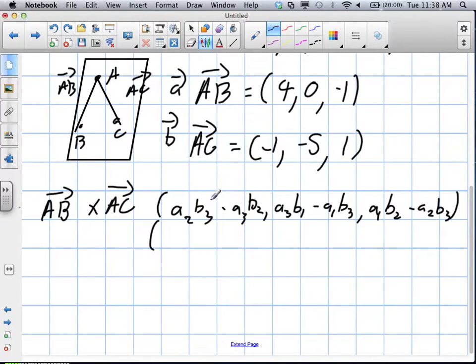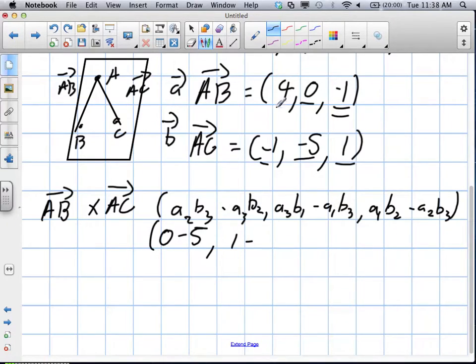That gives us 0 times 1, which will give you nothing. And negative 1 times negative 5 is positive 5, so we're going to end up with a negative 5 because we're subtracting positive 5. So we'll do it like that so you know what I mean. A3, again, negative 1 times B1. Negative 1 times negative 1 is going to be 1.